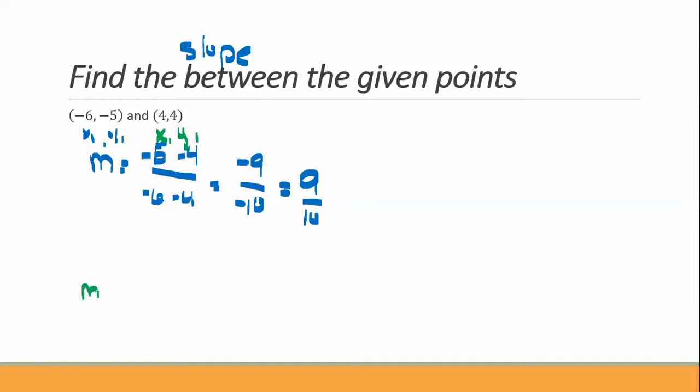So m equals 4 minus negative 5 over 4 minus negative 6. That's positive 9 over positive 10. Notice we get the same slope, so it doesn't matter which point you use first, as long as your x1, y1 are above each other and your y1, y2 are above each other.